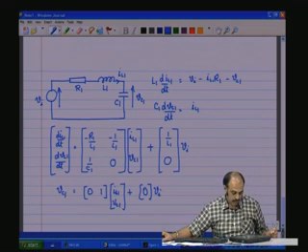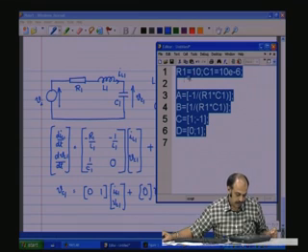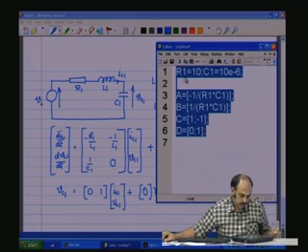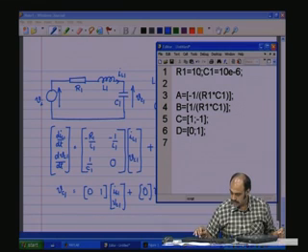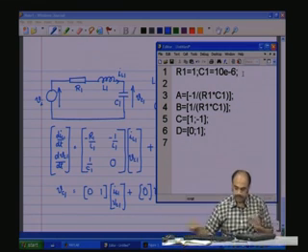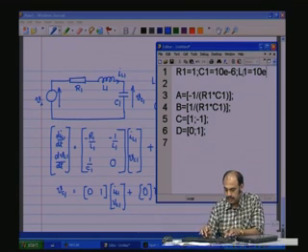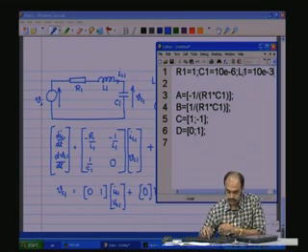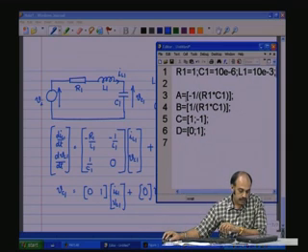Okay. So, going into the MATLAB editor, we have R1, which we will define as maybe still lesser, let us say 1 ohm, C1 is 1 microfarad, L1 equals 10 millihenry, that is 10 to the power minus 3. Now, we have to define the A matrix.